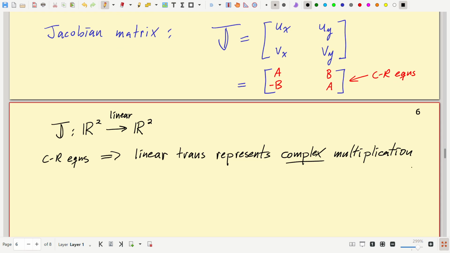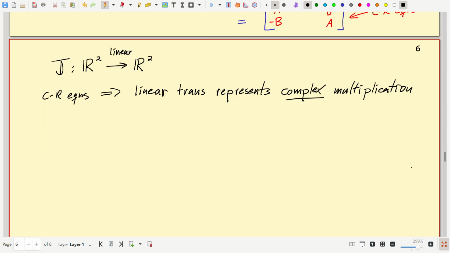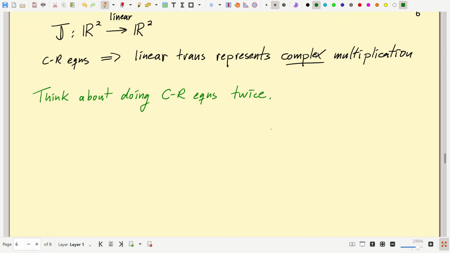The next thing we want to think about, let's think about it a little bit today, is doing the Cauchy-Riemann equations twice. Well, you might say, why would I think about something that probably is not going to be true?